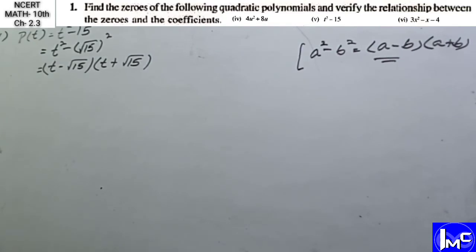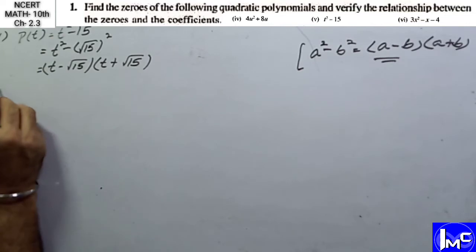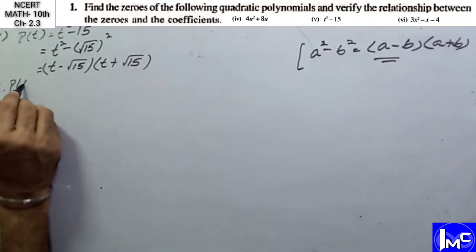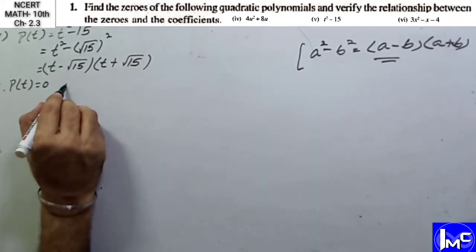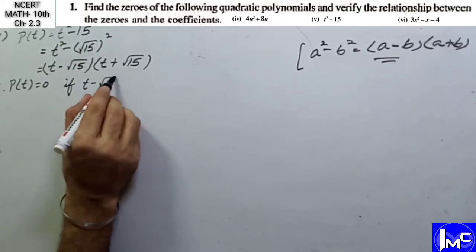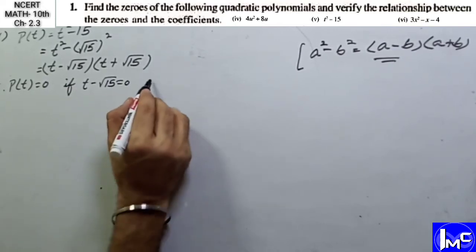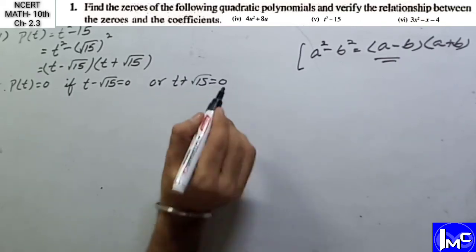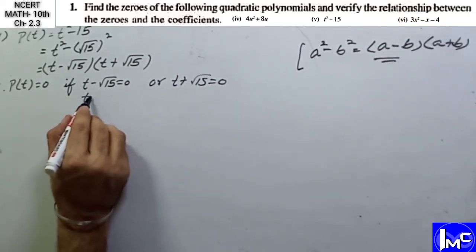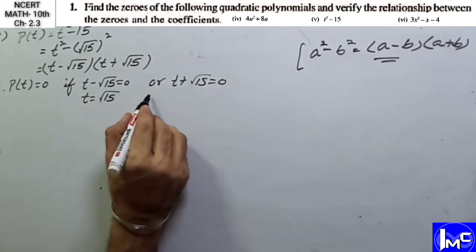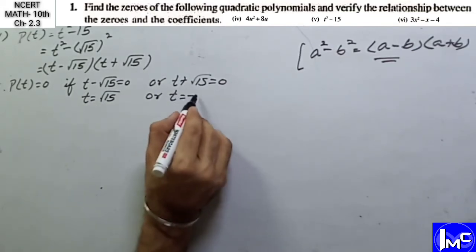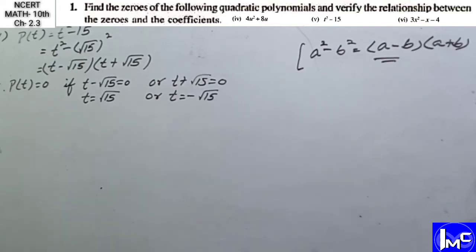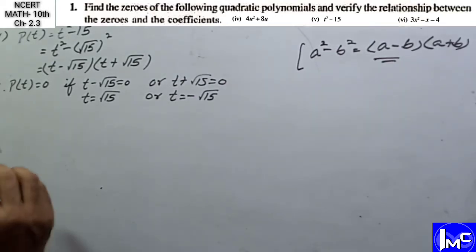Now for zeros, p(t) is equal to 0 if t minus under root 15 is equal to 0, or t plus under root 15 is equal to 0. That is t is equal to under root 15 or t is equal to minus under root 15. So these are the zeros of this polynomial.